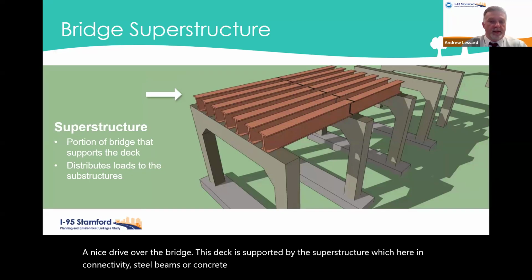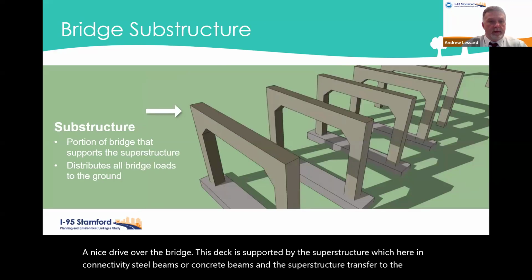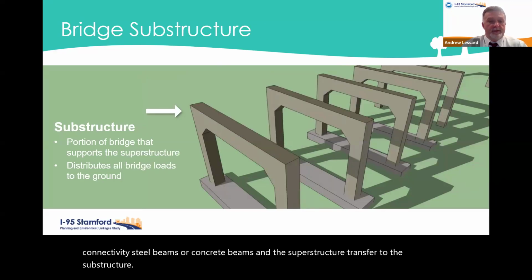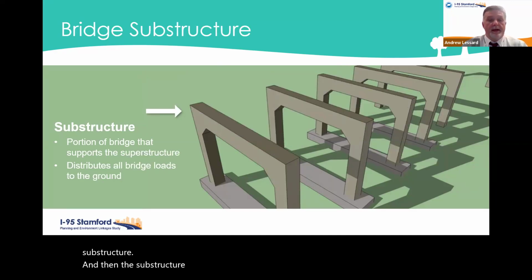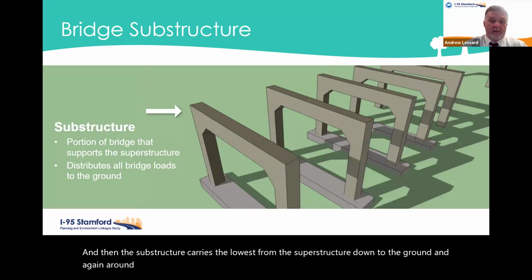The superstructure transfers the loads from the deck to the substructure, and then the substructure carries the loads from the superstructure down into the ground. Again, around here in Connecticut, typically this is comprised of reinforced concrete, and in some instances you'll see some steel substructures as well.